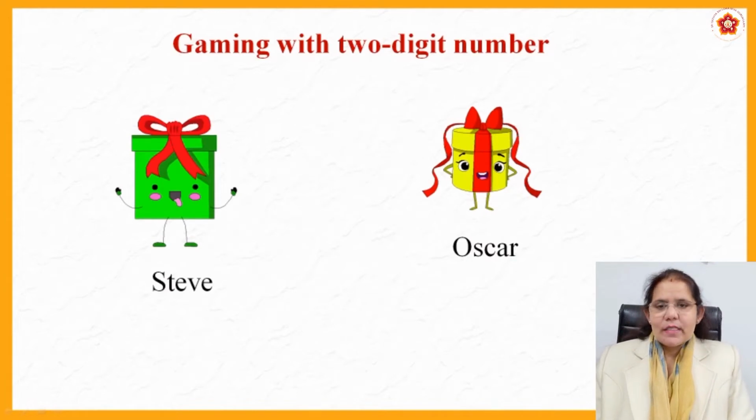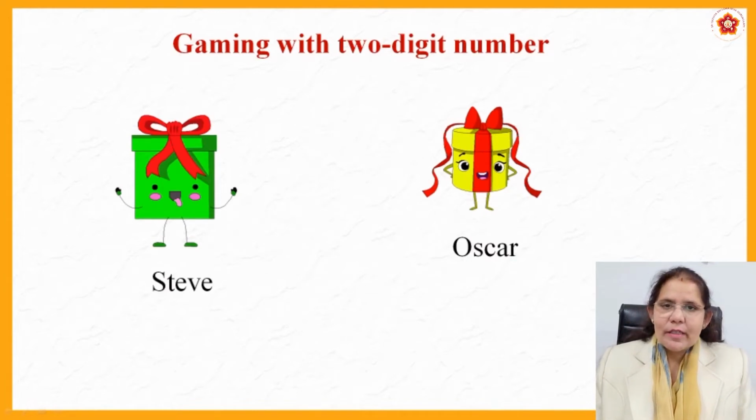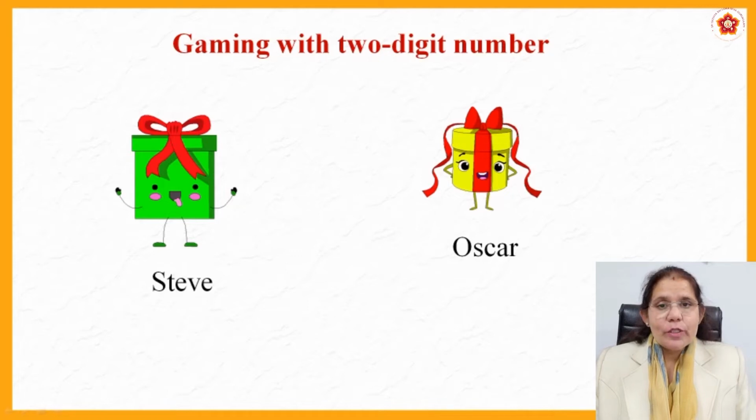There were two friends, Steve and Oscar. They decided to play a game. Steve said, I'll give you a certain set of instructions and you have to follow that. Oscar agreed to it.